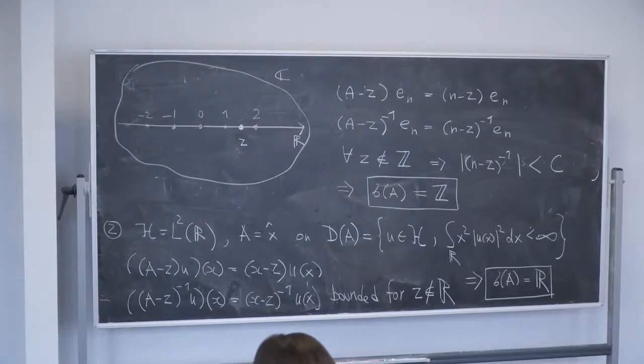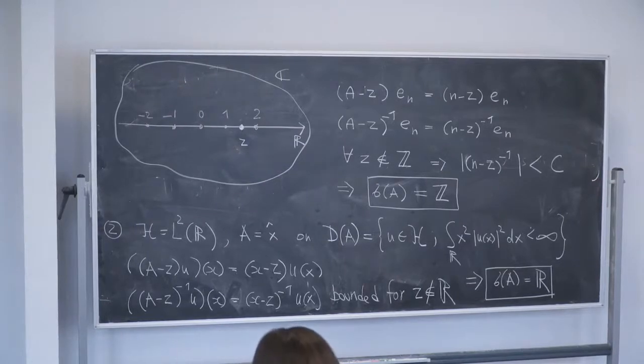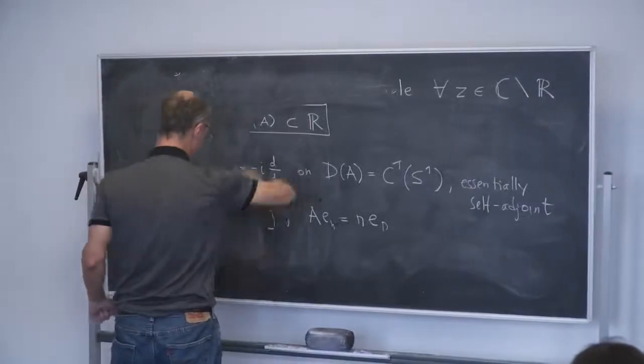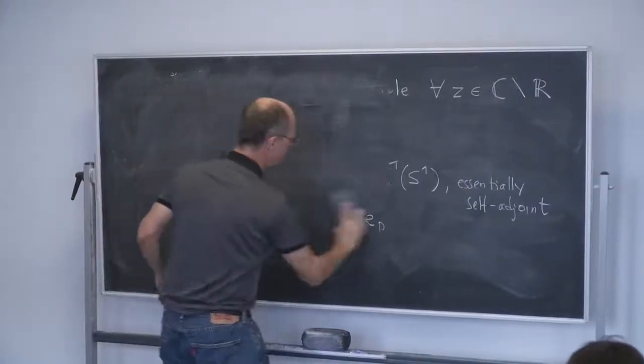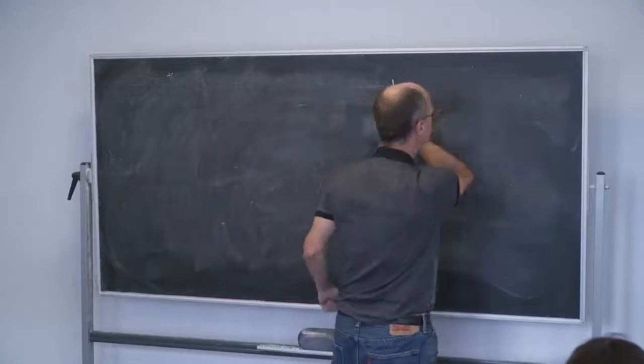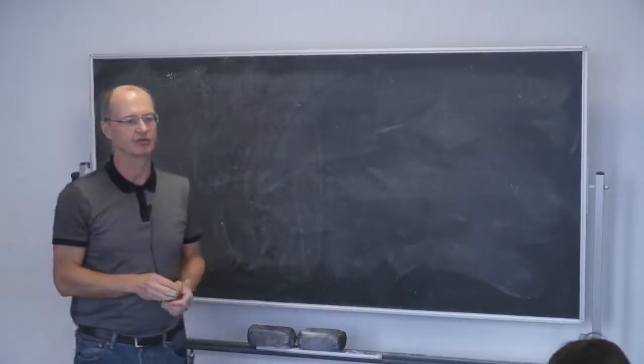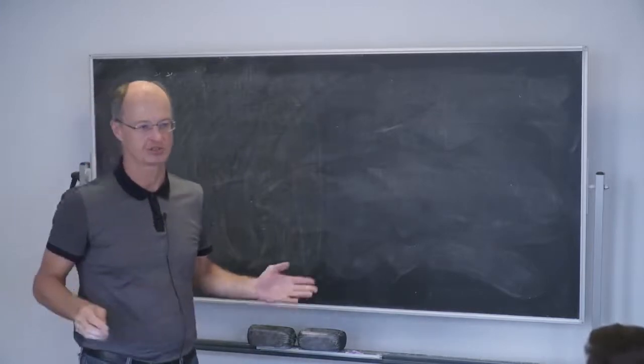So now, before the break, let me still recall one thing from the finite dimensional theory. Remember, we had some kind of strange definitions of those projection valued measures, right?